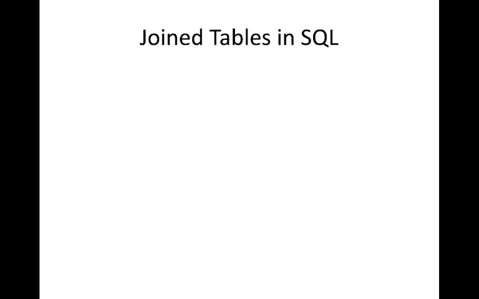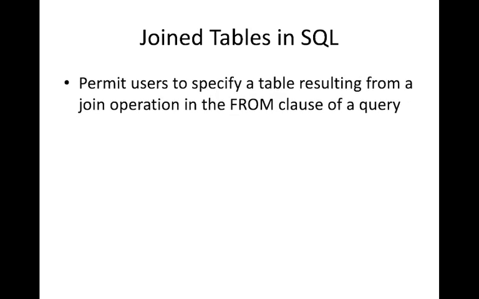Then, joined tables in SQL. We have already learned join operations in relational algebra, and those join operations are also present in SQL. Joined tables permit users to specify a table resulting from a join operation in the from clause of a query.